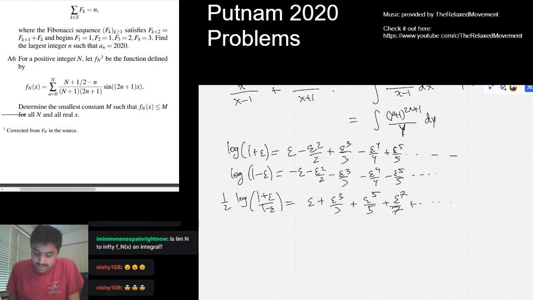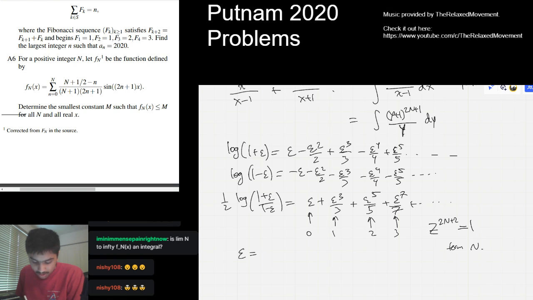The point is that we want to evaluate this, but z to the 2n plus 2 is equal to 1, and we want to evaluate this out to term 0, term 1, term 2, term 3, out to n equals 0, to capital N, term capital N. So the idea is that we can plug in epsilon equals rz, where r is very much less than 1, and z is still this root of unity.